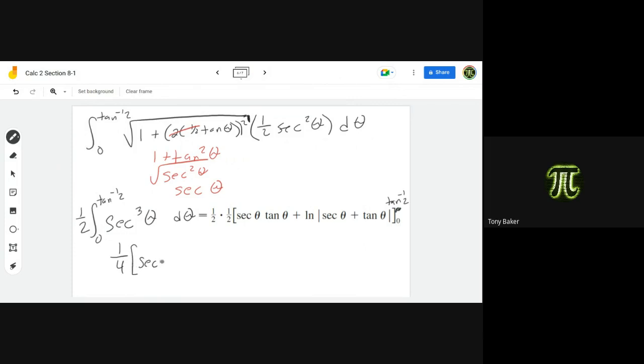So we have secant of alpha, or A, tangent of A plus ln secant of A plus tangent of A. And if you plug in 0, tangent of 0 is 0, so that whole thing disappears. And secant of 0 is 1, so ln of 1 is 0, so that whole thing disappears. So you don't have to do the other side.